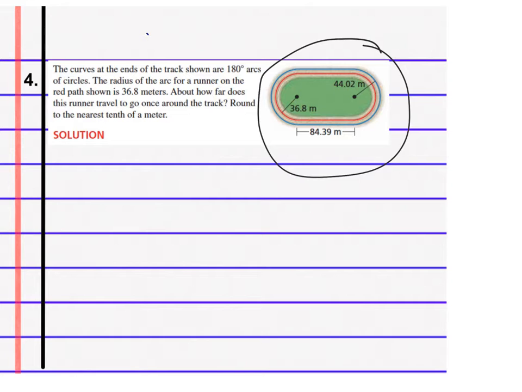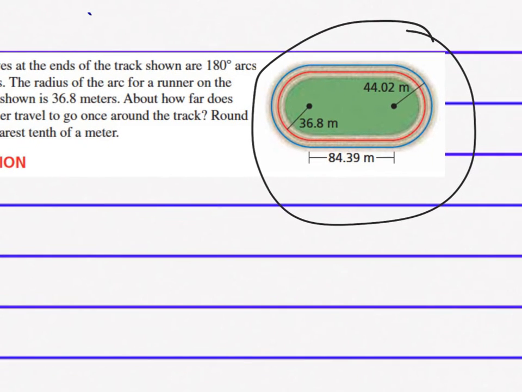So the curves at the end of the track shown are 180-degree arcs. So that's kind of saying that these are semicircles right here. The radius of the arc for a runner on the red path is 36.8. So that's kind of shown to you right here. And I didn't draw this picture.